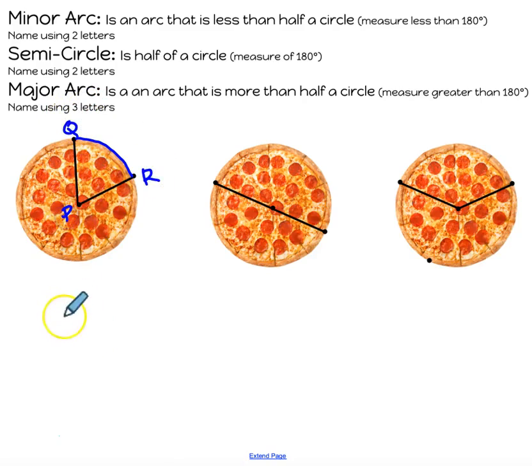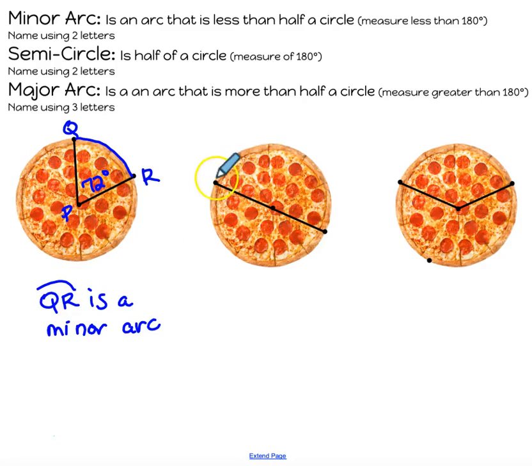So arc QR is a minor arc. A minor arc has to be less than half a circle, and this is a 72 degree angle. 72 degrees is less than half a circle, so QR is a minor arc.